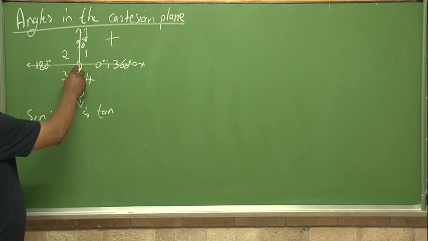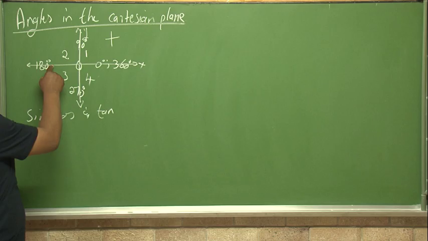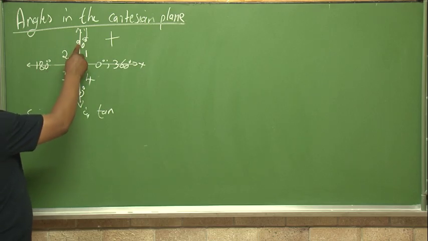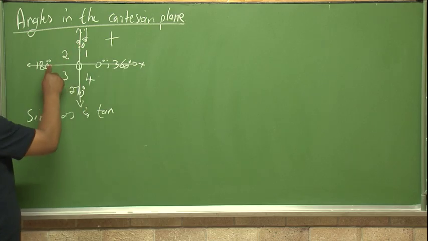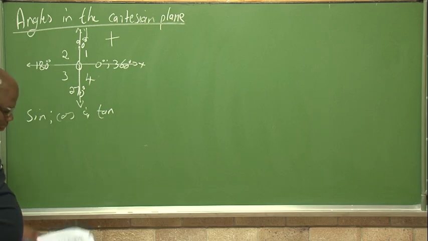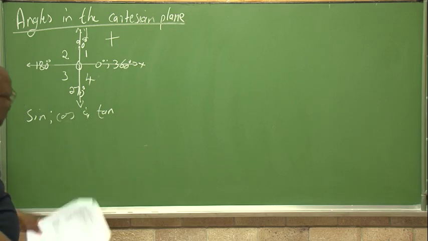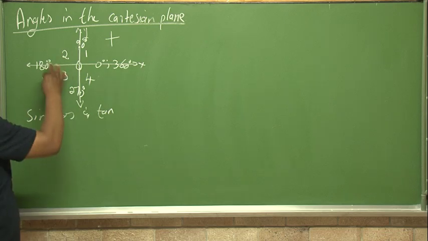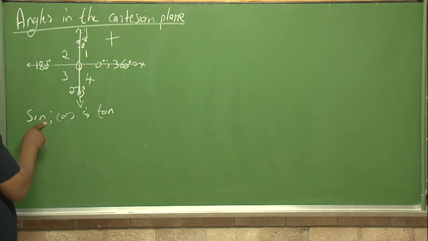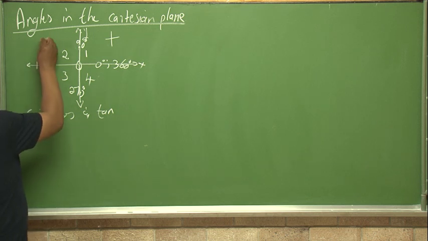If we go to the second quadrant, the angles in the second quadrant range between 90 and 180. And if you check their trig ratios, let me say, for example, 150, you take the sine of 150.